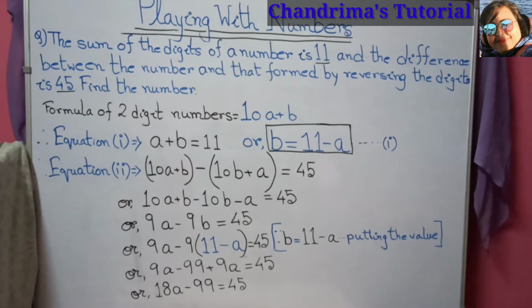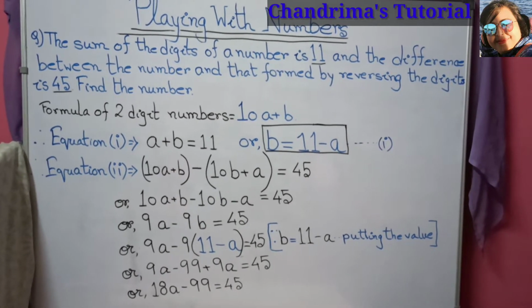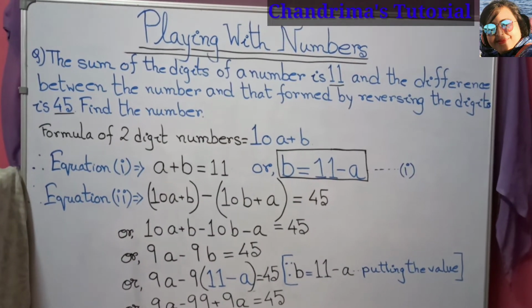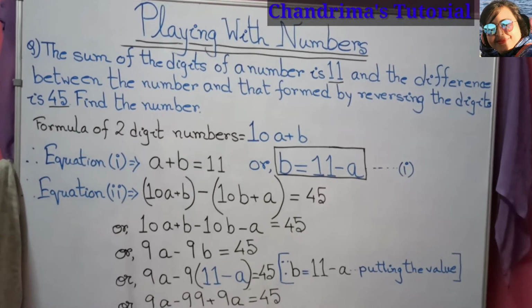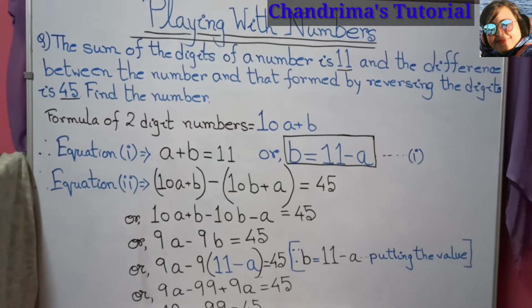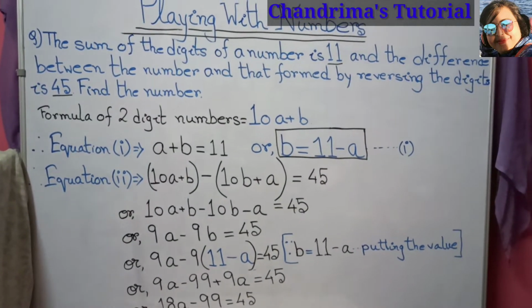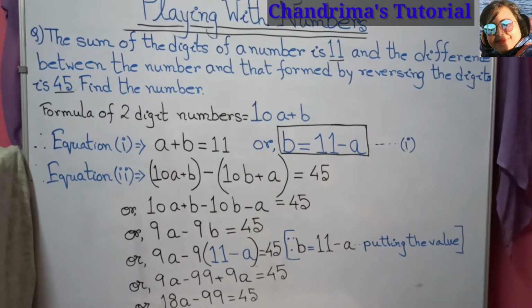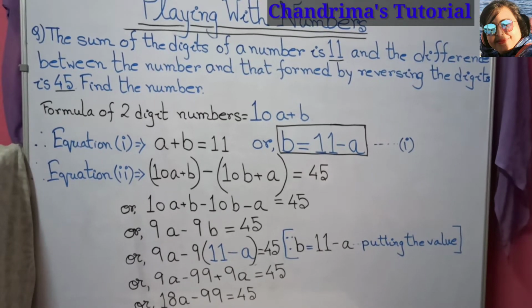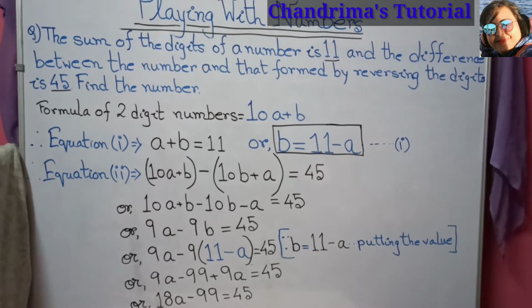So at first we should write the formula of the 2-digit number. You remember na? 10a plus b, where a is our tens digit unit and b is our ones digit unit.